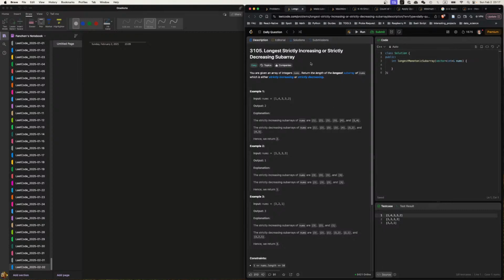All right. Thank goodness, it's an easy question. Longest strictly increasing or strictly decreasing subarray. Return the length of the longest subarray which is strictly increasing or strictly decreasing. So in this case it is 2.